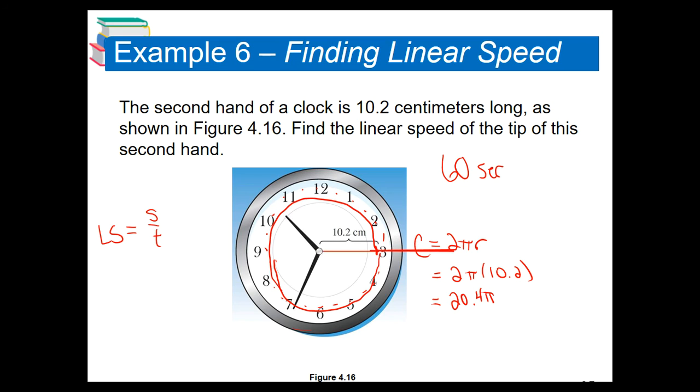All right. So if we want to know the speed of the tip of that thing, we're just going to take the distance it travels, which is 20.4 pi centimeters, divided by how long it takes to do that, 60 seconds. All right, so I'm just going to put this in, 20.4 pi, and divide that by 60.